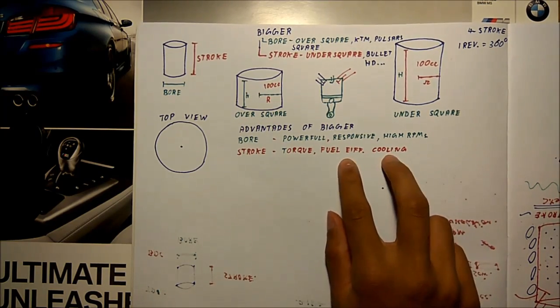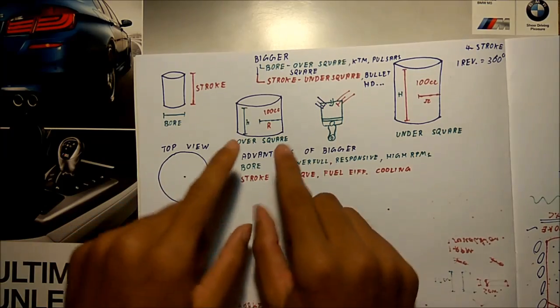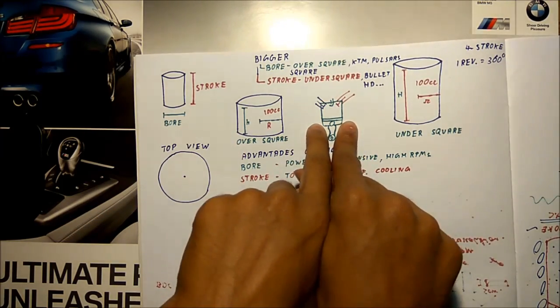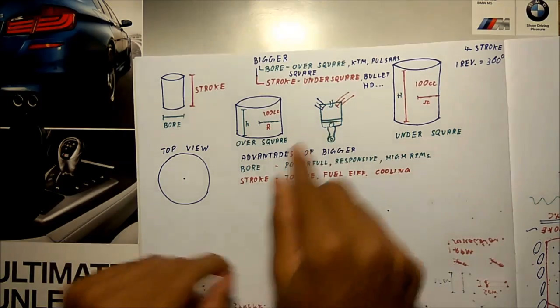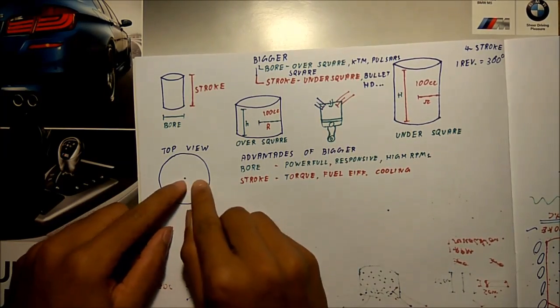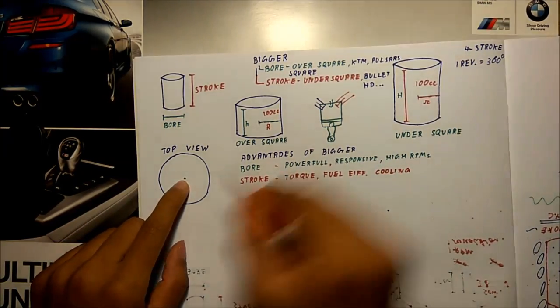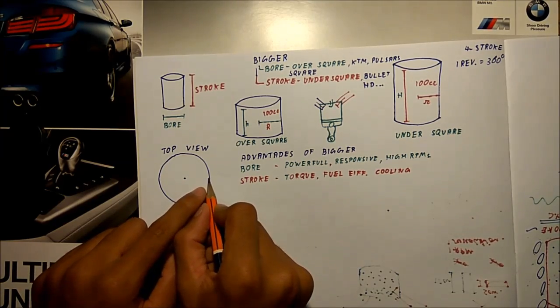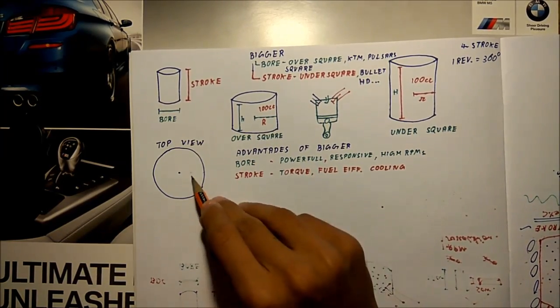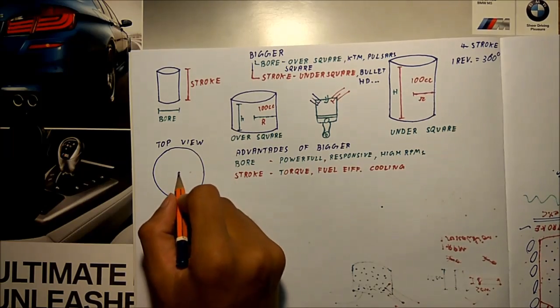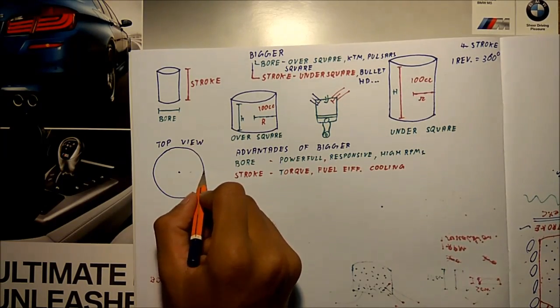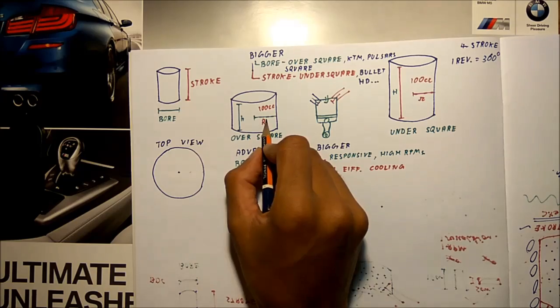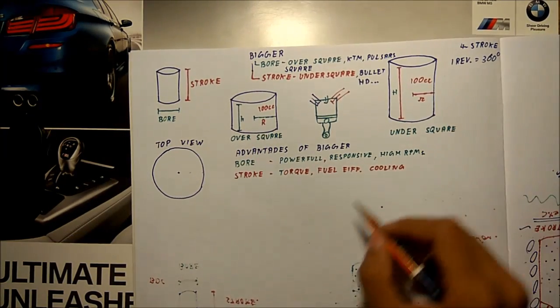Another thing is cooling. Say this engine is running at a particular RPM and the heat generated is 500 degrees in the center, 500 at this particular point and 500 here. If this is an over square engine, the distance from the center to the outermost point is greater compared to the under square engine.